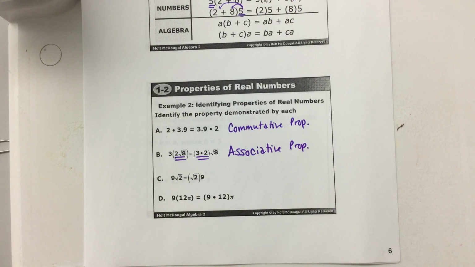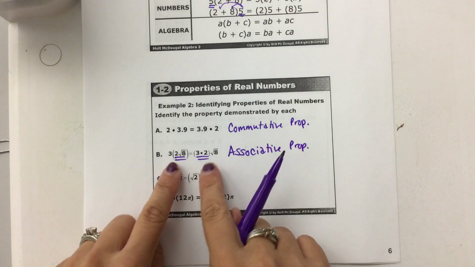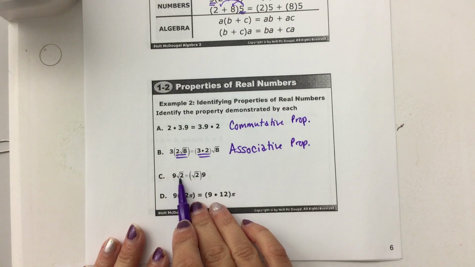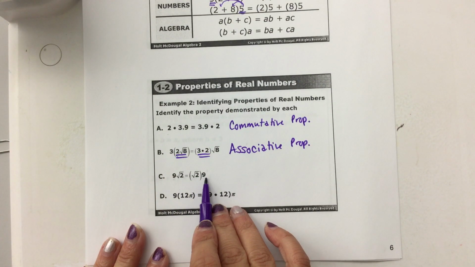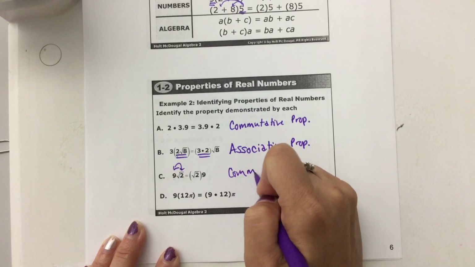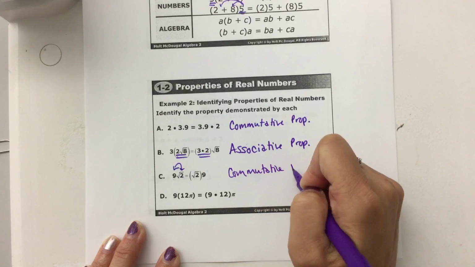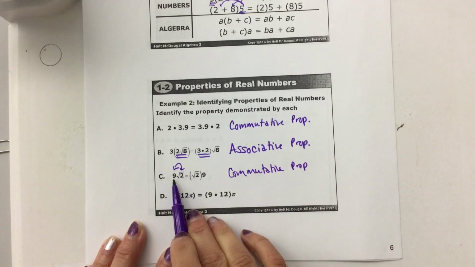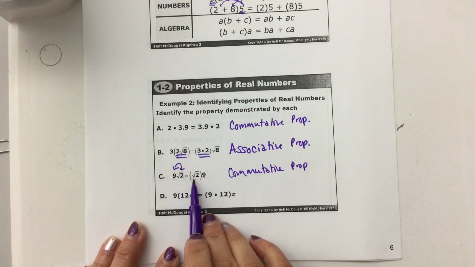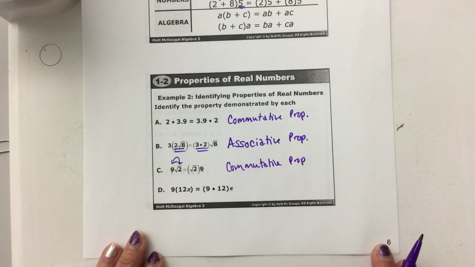So you changed the group of people you were associating with. You changed the group. Okay, now here, this is 9 times the square root of 2. This is the square root of 2 times 9. So again, this is just the commutative property, because all that happened was the 9 was first, now the 9 is second. The square root of 2 was second, now it's first. They just changed the order.